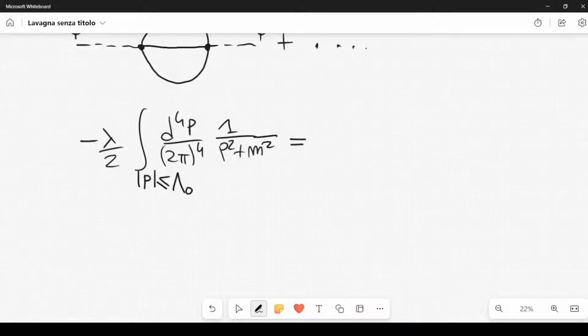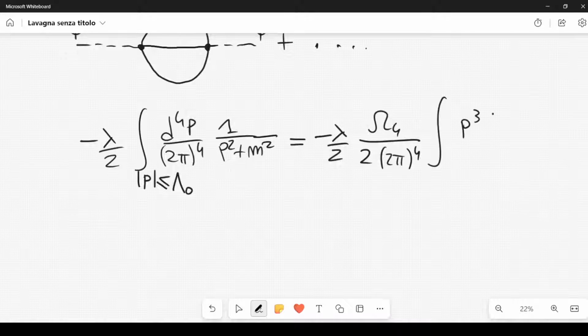Now, if we go to spherical coordinates, we have minus lambda over 2, and then we get a factor, the integral over d omega. d omega is the solid angle in 4 dimensions. In 4 dimensions, we can call this integral d omega just omega 4. I will say more about this. Then we divide by 2 times (2 pi)^4, and then we have an integral of the following kind: p cubed dp, divided by p squared plus m squared, and we integrate from 0 to lambda 0.